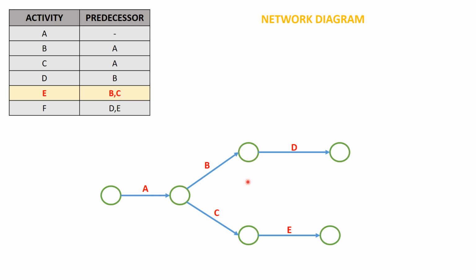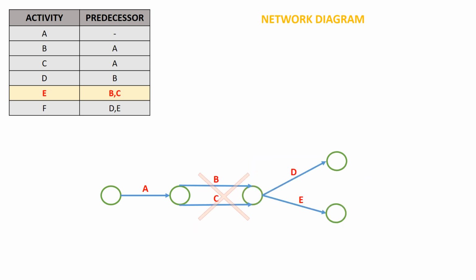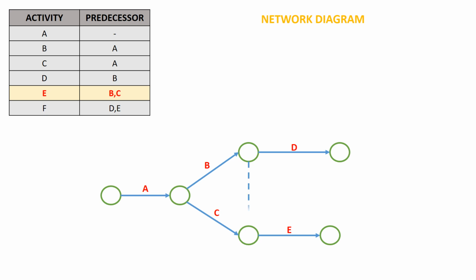So there has to be some way to have a relation with activity B. Now how do we go about it? This won't be the correct representation of this network diagram. One dummy is from B to C, the other one is from C to B.